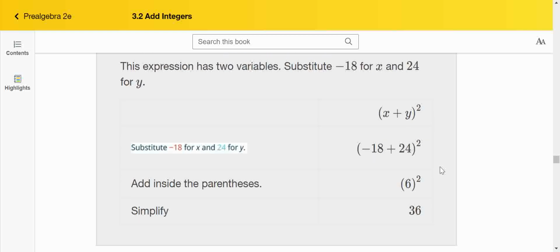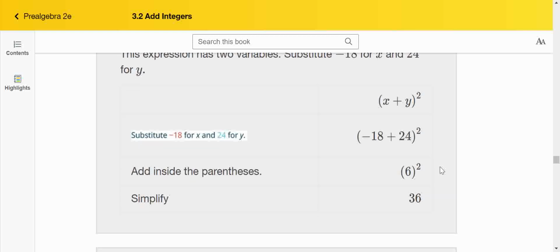Or you could say something like the sum of minus 18 plus 24 squared. Or you can maybe say this squaring of the sum of minus 18 plus 24. Well, let's leave it at that.